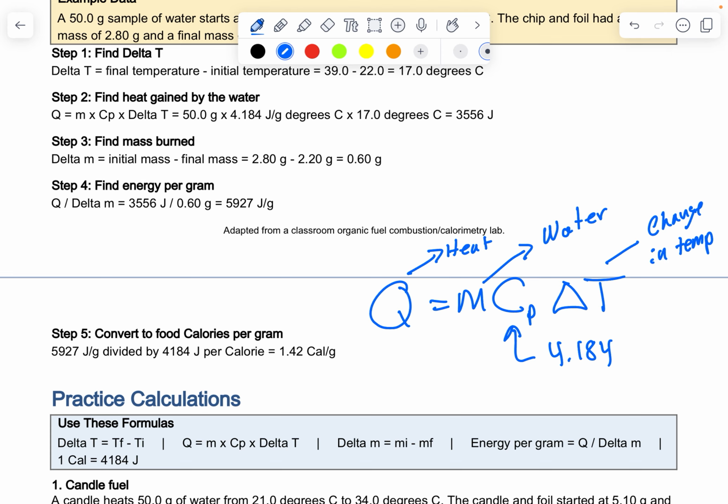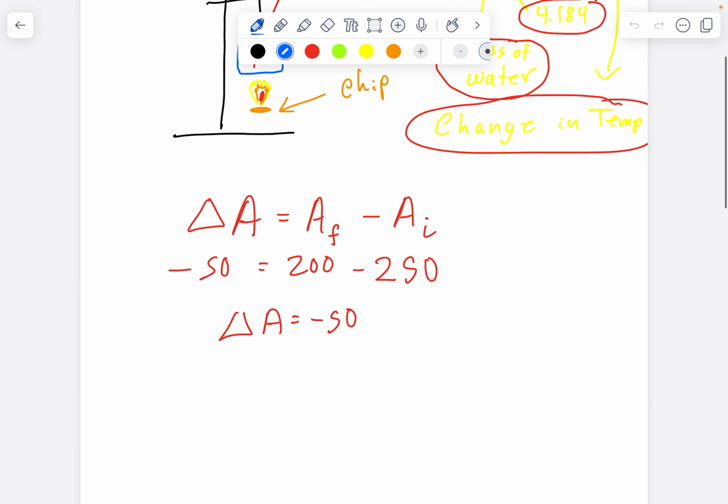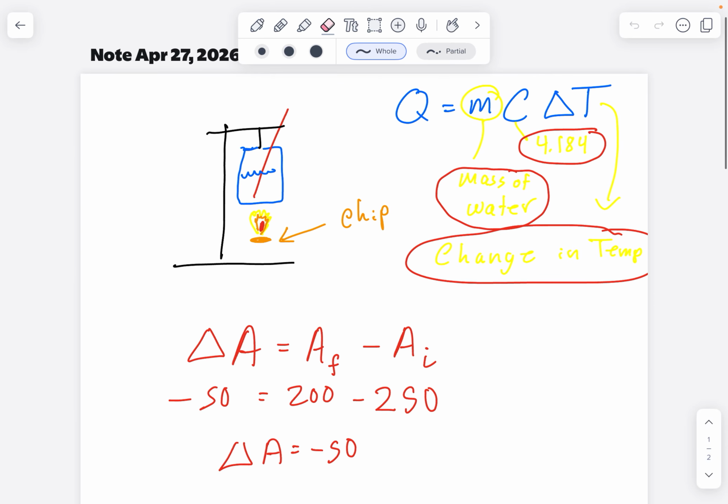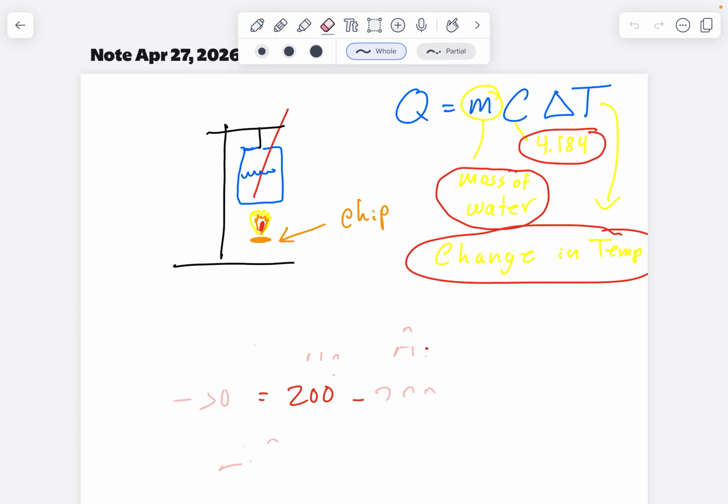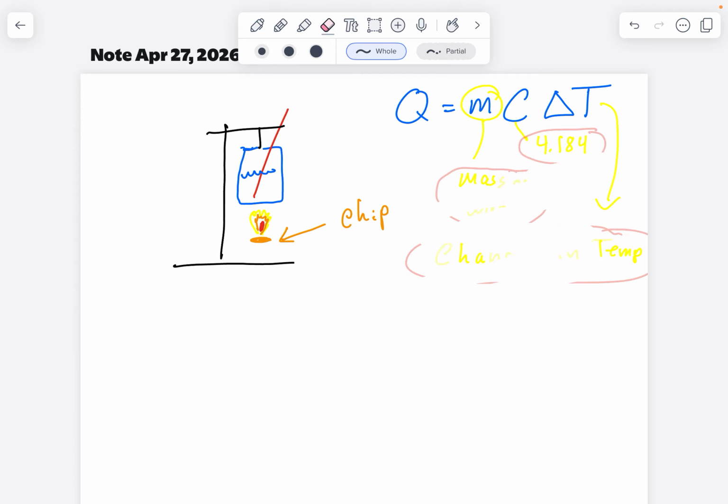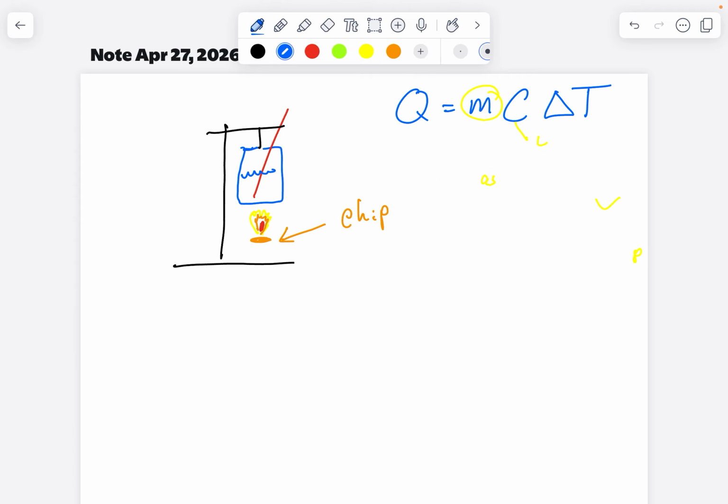And so, basically, just to go over what we're going to be doing with the lab, we're going to have a chip burning under a soda can filled with water.